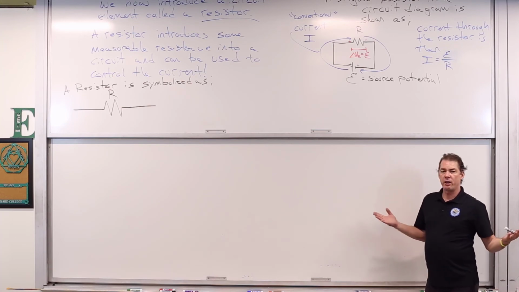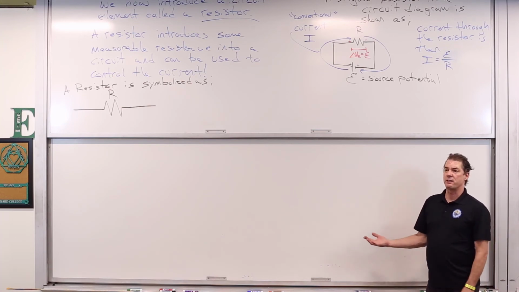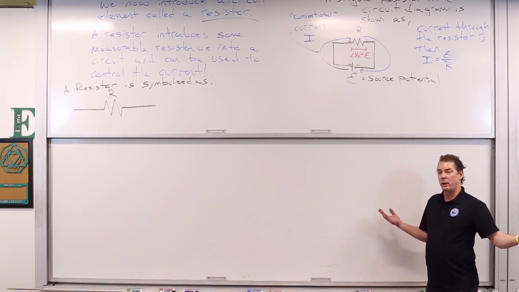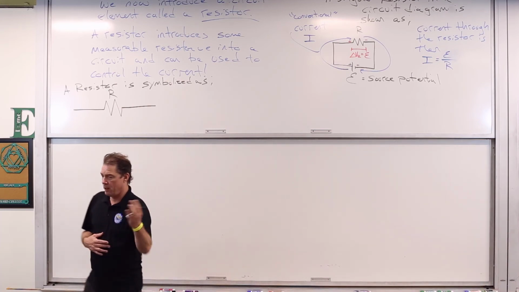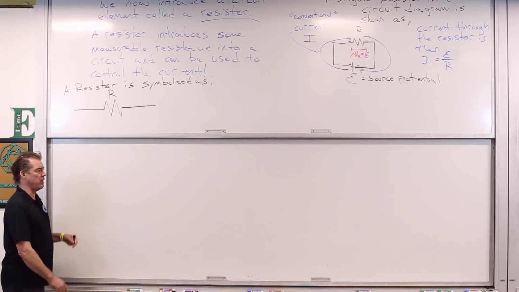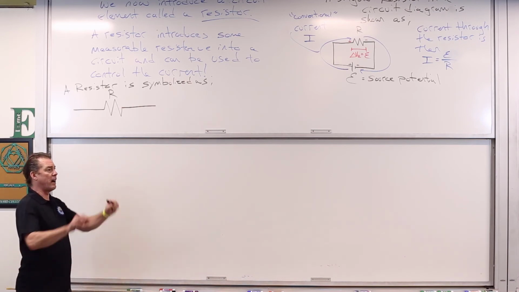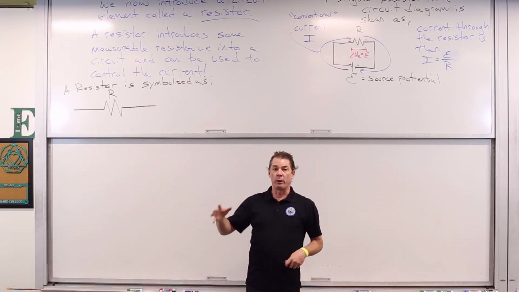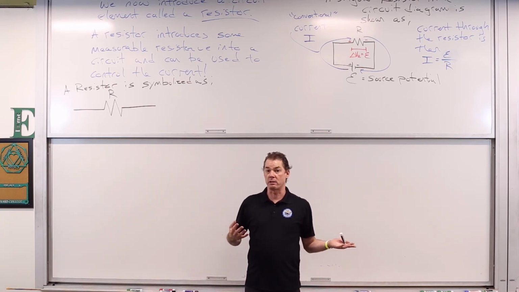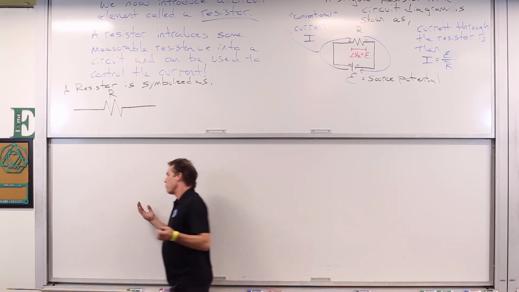Depending on the material, you have different resistivities. We can say, hey, this material has a resistivity of this, this material has a resistivity of this, and we can start utilizing lengths of that material, certain cross-sectional areas, and building resistors with certain resistances. So that's what we do.